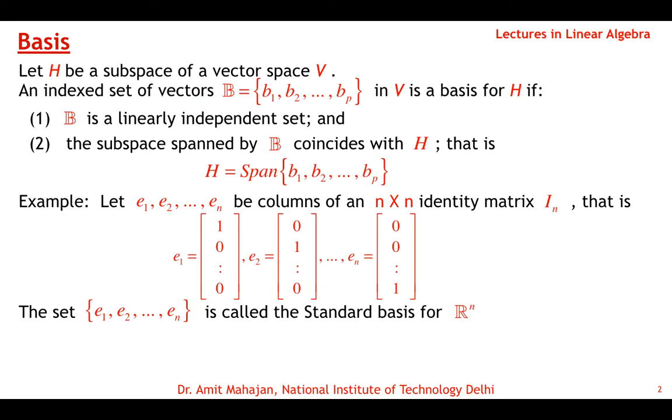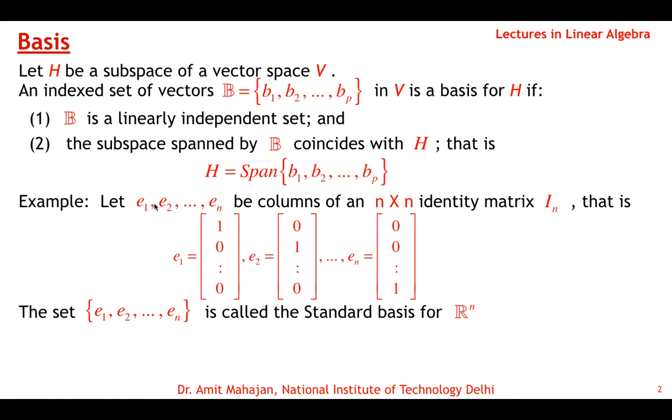Now clearly we know that if you are in Rn space and if you write the identity matrix, then the columns of the identity matrix are linearly independent and there are n columns, so they span the whole of Rn. So both the conditions are satisfied.